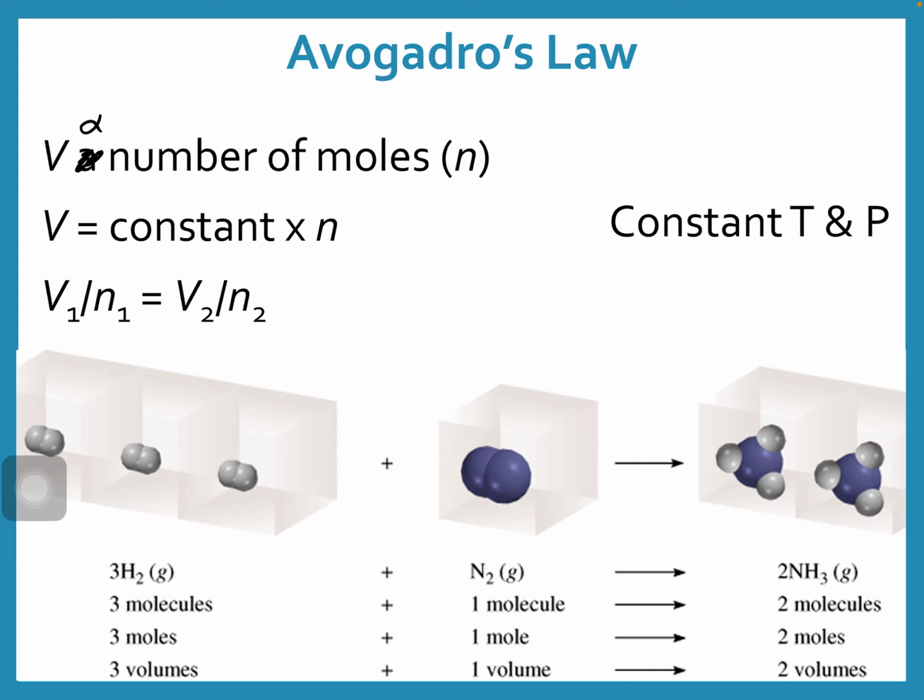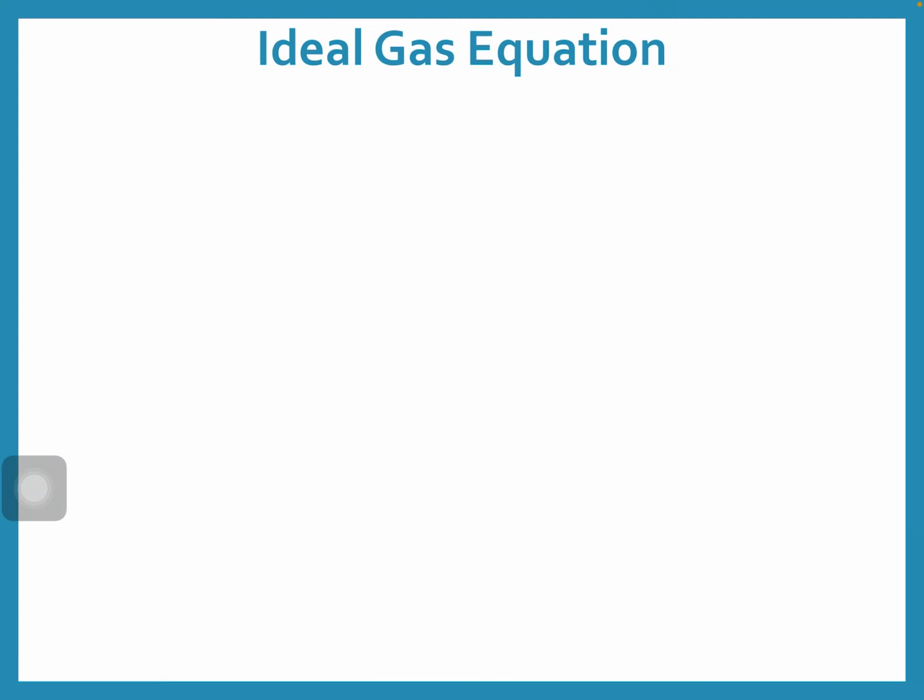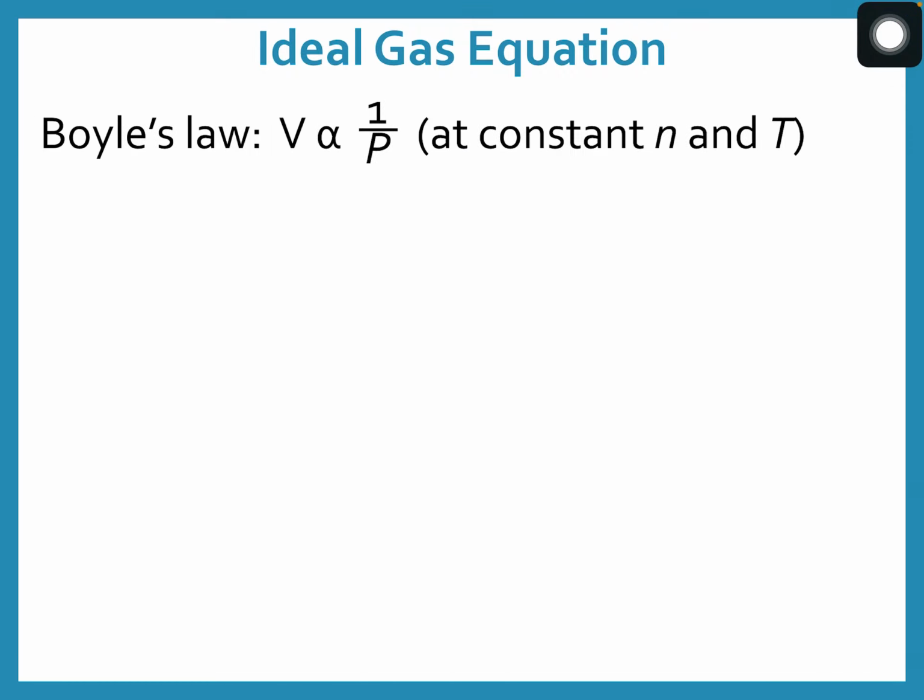Now that we've looked at the relationships between volume and number of moles, volume and temperature, and volume and pressure, we are going to use those to help us with the ideal gas law equation.